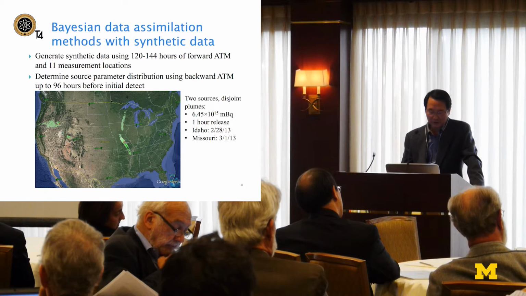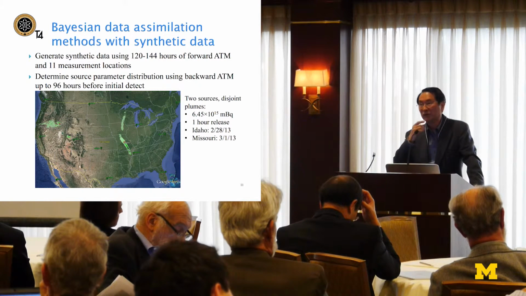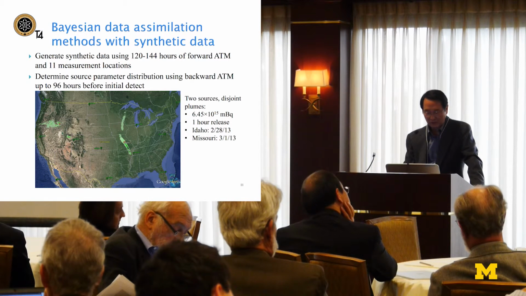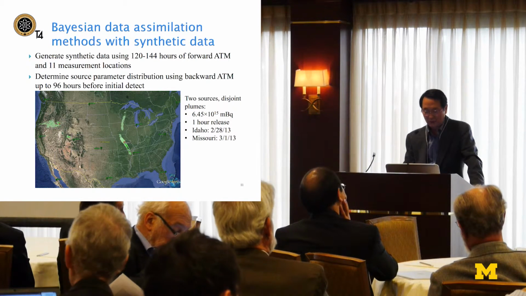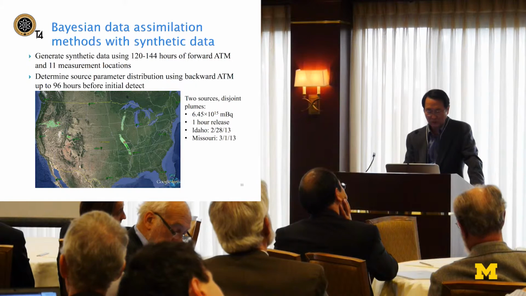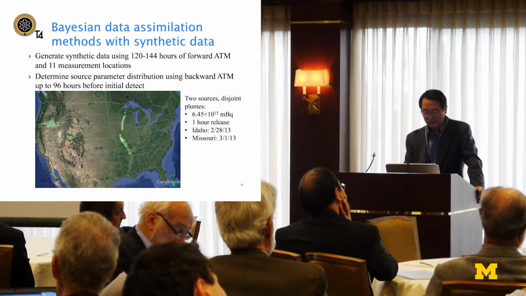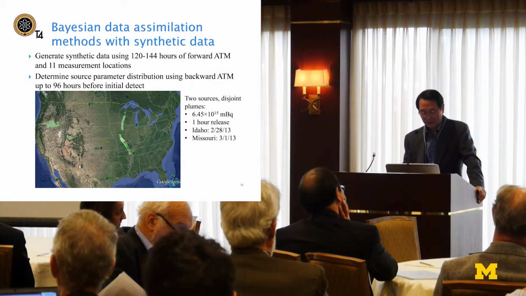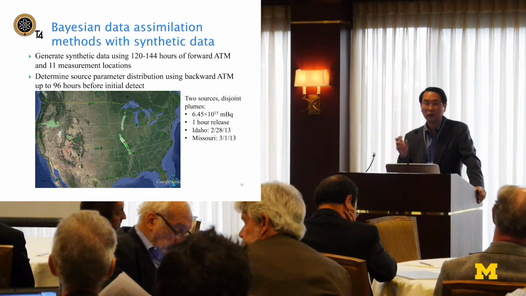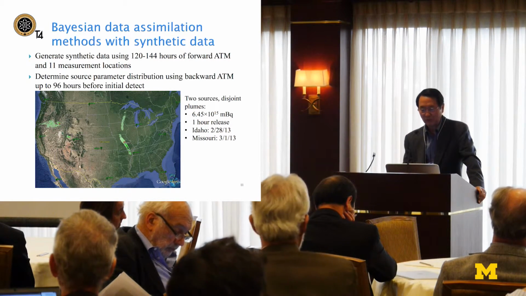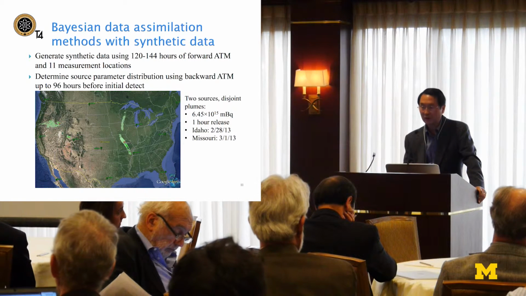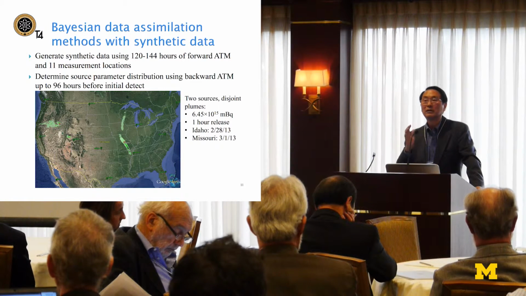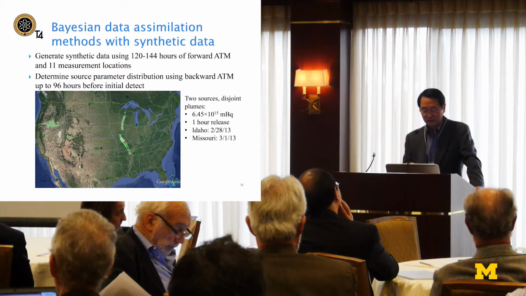So here we simulated. And Matthew has a poster board that explains some of these in more detail if you're interested. We have two initial sources, one here in Idaho, the other one in Kansas, do I remember correctly? Right. This is the point source we started off with, and we performed forward calculations and took measurements at 11 stations.